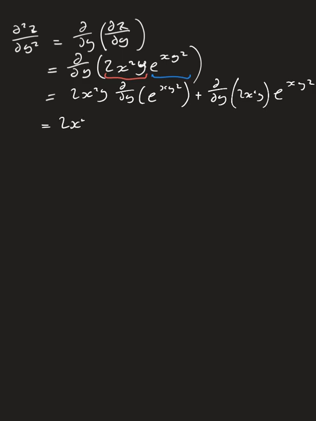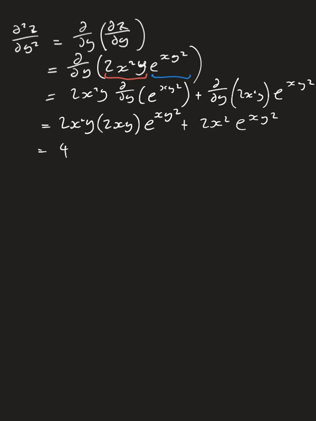So that 2x squared y is still here. The partial derivative with respect to y of e to the power of xy squared, we've done that already. So the derivative of what's on top with respect to y is 2xy. And then by the chain rule, that is the derivative. The derivative of 2x squared y with respect to y is 2x squared. So I multiply all that out.